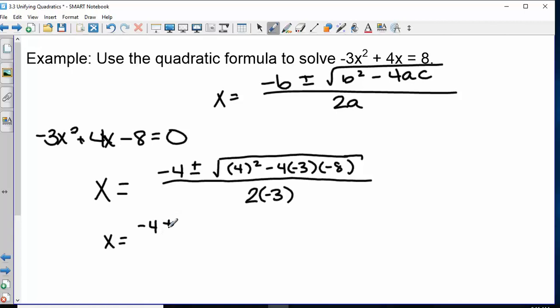Negative 4 plus and minus the square root. This would give me a 16 minus 96 over negative 6.